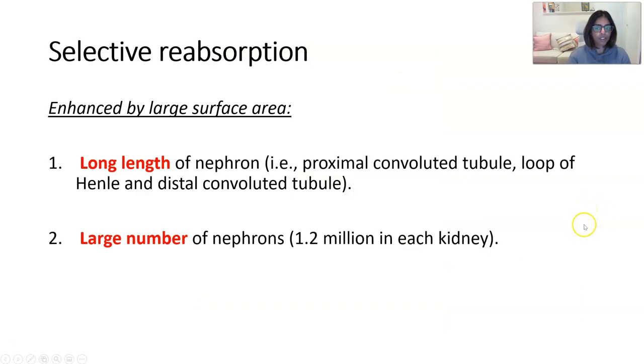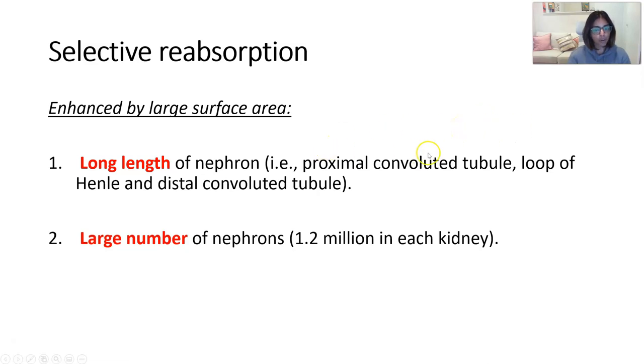Okay, so we've looked at the function of the nephron in its purpose of selective reabsorption, and the reason why it's so good at it is because of these two key features. Because we have these twists and turns, the nephron itself has got quite a long length.